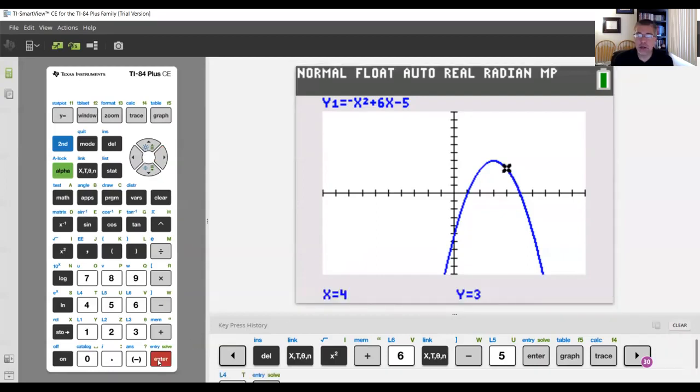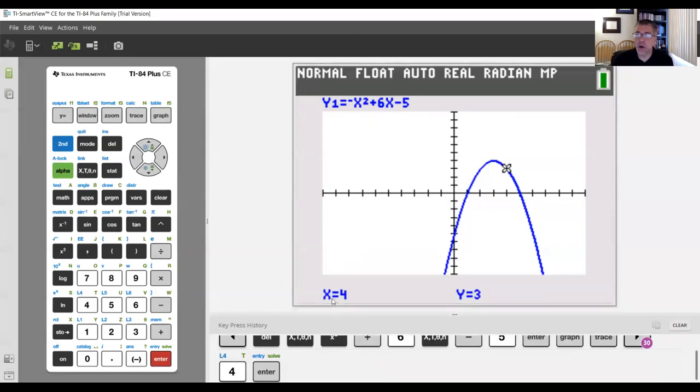Then I hit enter, and it tells me, when x is equal to 4, y is equal to 3. So I know that that is a point on my parabola. X equals 4, y equals 3. Oh, nice. But what about the maximum value? How do we find the maximum value here?